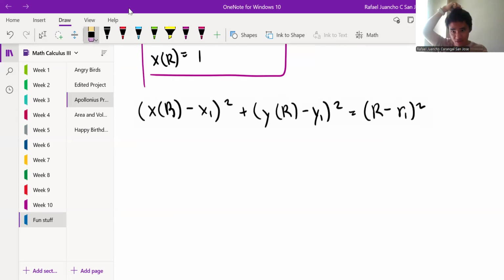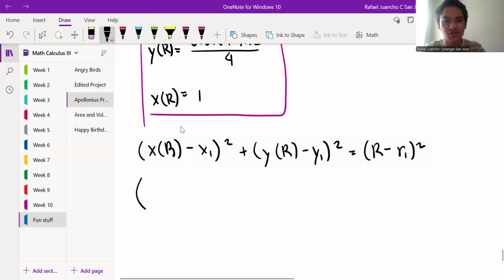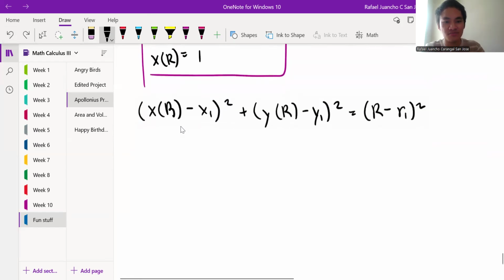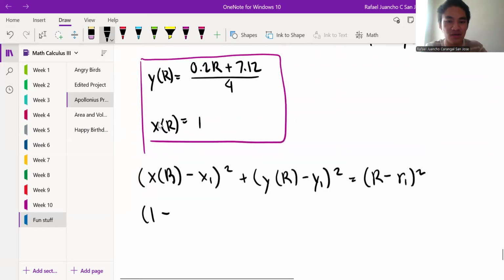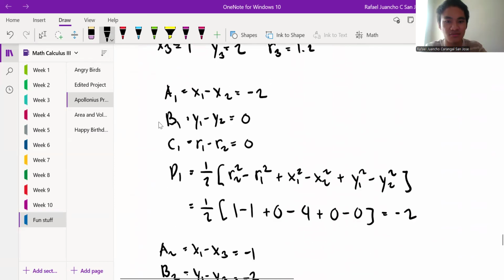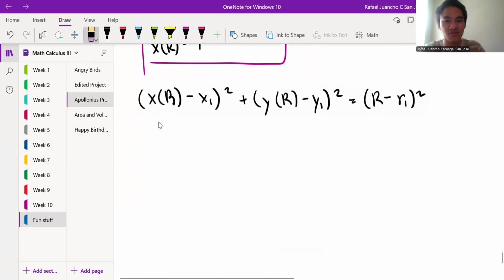Those are the conditions. But here we're trying a scenario where, well, my radius shouldn't be negative, right? Because there's no such thing. Here we're trying a scenario where what if the radii are not equal? Let's try x of r. This is 1. So this is a number actually. X sub 1 is 0. So 1 minus 0 squared, that's just 1.